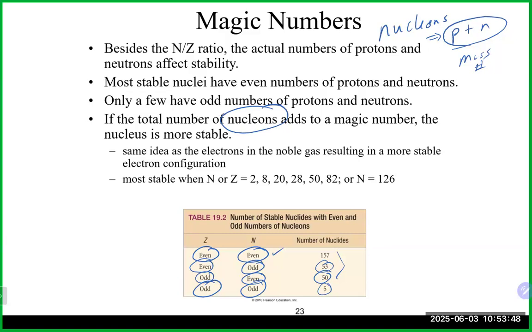So you have things that are stable when you have a neutron or a proton number of 2, 8, 20, 28, 50, 82, and maybe a neutron number of 126. These are also considered most stable. So you can look at stability a lot of times by the N to Z ratio. A lot of times people will look at stability based on evens and odds. Any questions on those other ways to look at stability?